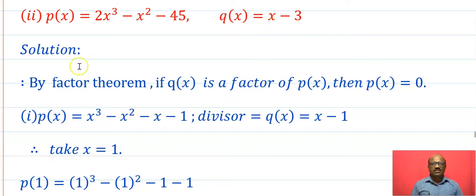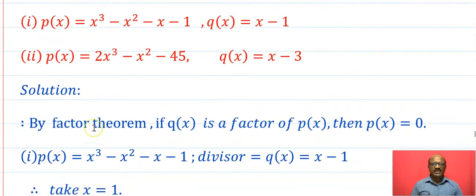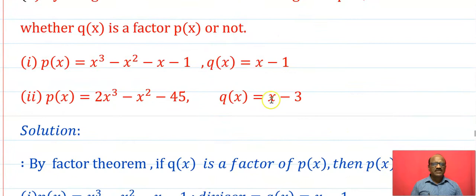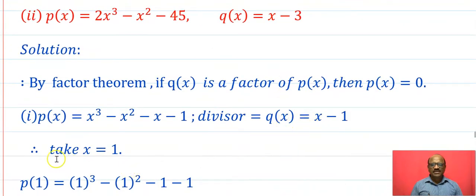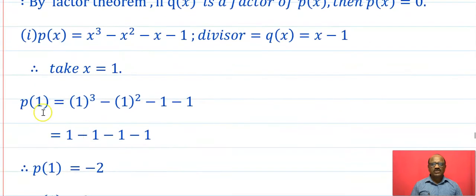Okay. Now we write the first example, x cube minus x square minus x minus 1. The divisor is x minus 1 here. Take x is equals to 1. Here x minus 1, so x is equals to 1. P of 1, that is, replace x by 1. 1 cube minus 1 square minus 1 minus 1. That is 1 minus 1 minus 1 minus 1. Plus 1 and minus 1 get cancelled. But here is a minus 1 and minus 1. Overall you will get a minus 2.